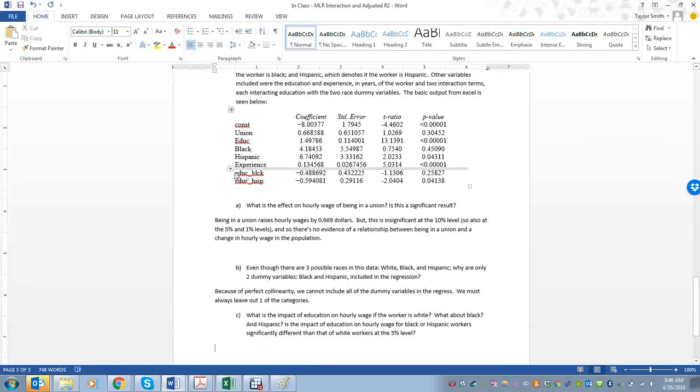Well, this is where these interaction terms are going to be playing in, okay? Because this education term here is the return to education for everyone, specifically for white individuals. This education black variable is the extra effect if you're black.